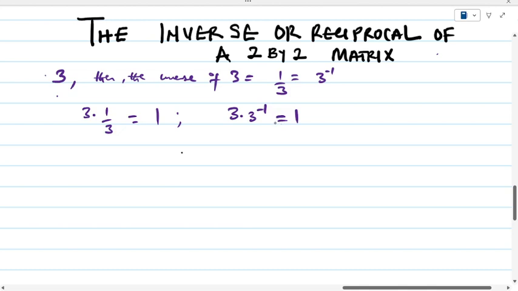The same thing is applicable to matrices. Let A be a matrix.